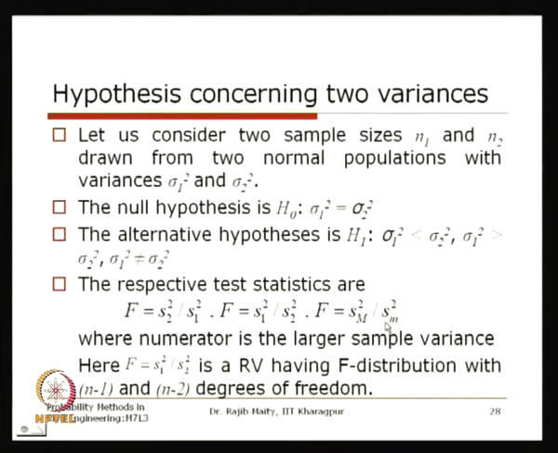If we ensure that, then the F statistic follows the F distribution with first degrees of freedom equal to the larger sample size minus 1, and second degrees of freedom equal to the smaller sample size minus 1. This is not 2, this is also 1. So, these are the 2 degrees of freedom of the F distribution.